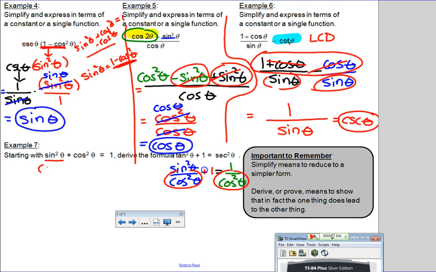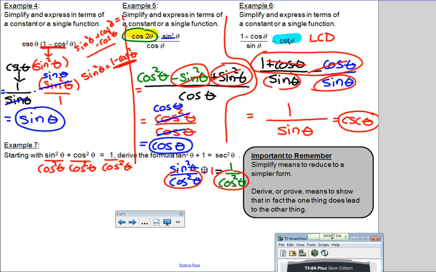If we divide out cosine squared theta throughout the entire equation, and you've done stuff like this before. If you have an equation, you can multiply anything you want to everything, you can divide anything you want to everything, or you can add or subtract both sides by the same thing to keep the equation equivalent. That's the same idea.